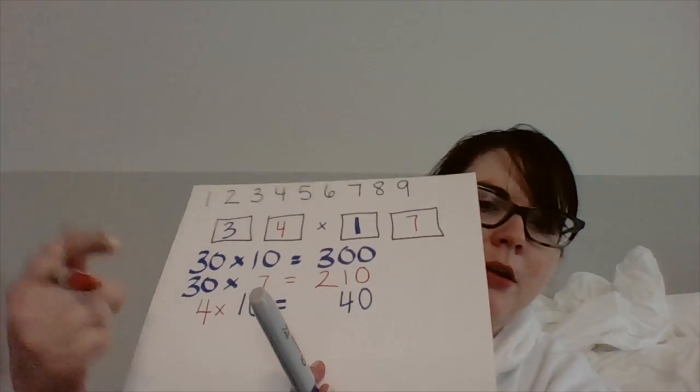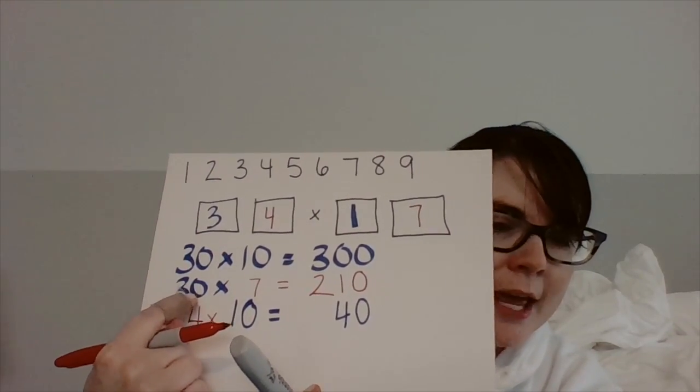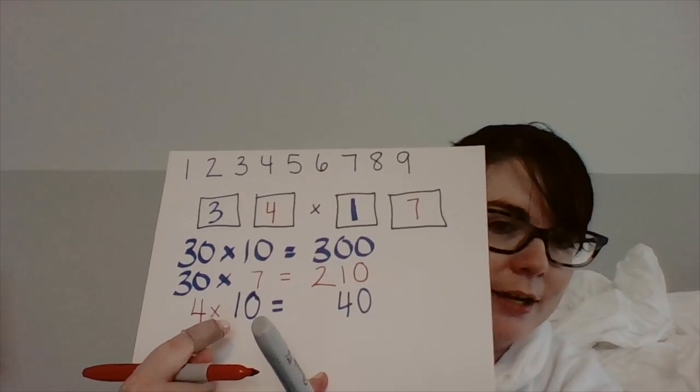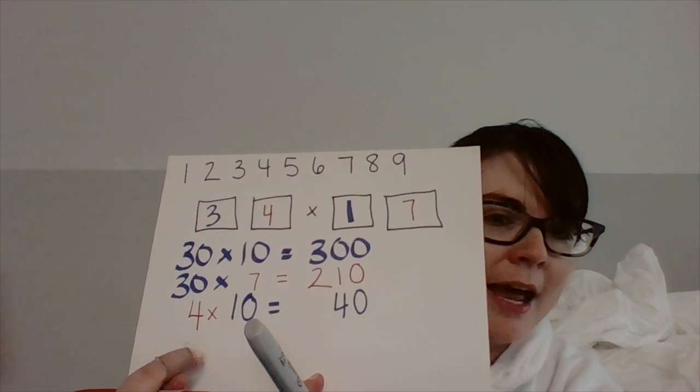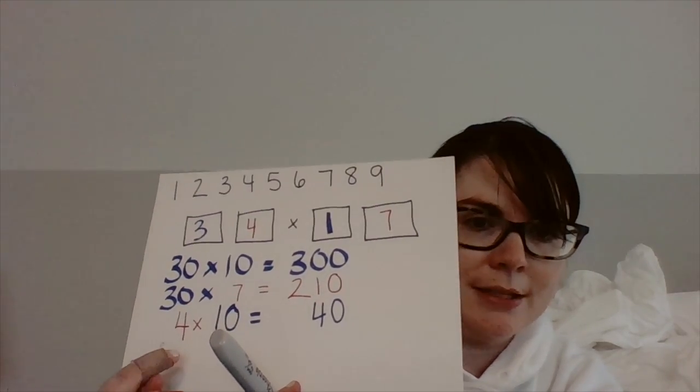See, I've done tens place by tens place, first factor tens place by second factor ones place, first factor ones place by second factor tens place, and the last thing I'm going to do is multiply both ones places, so 4 times 7.